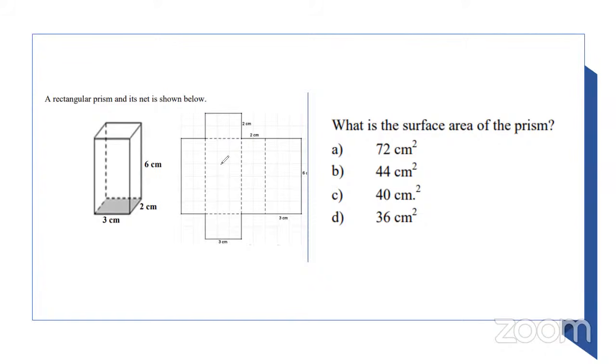So we have the net showing here, because basically surface area, as I would have said before, is if you open up this cuboid, if you open up the toothpaste box, it will become a net. So we'll be able to find the area of it when opened, or we can just, using the principles, find it when it's still a rectangular prism or a cuboid.